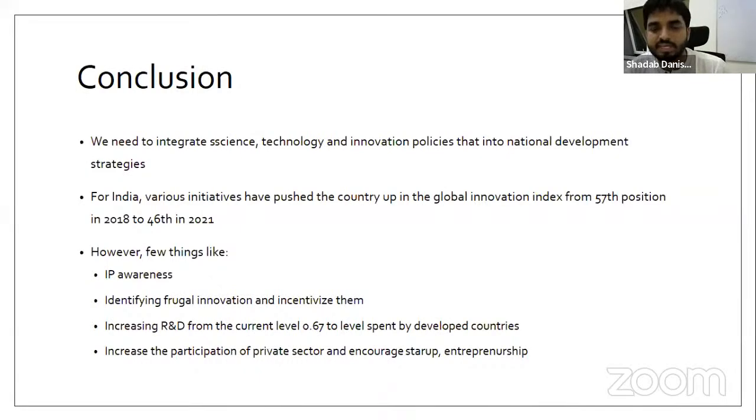For example, software patenting is one area where it was not allowed, and somewhere it is now being allowed, and that can also be included, and surely in future that is going to come. The second thing is that India has not opened it completely when it comes to property rights.